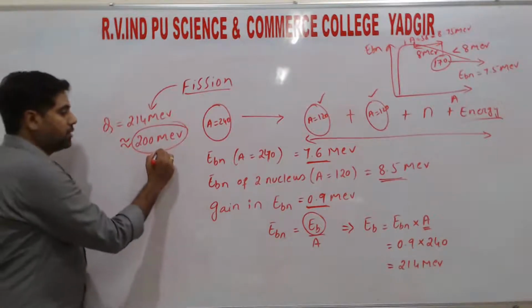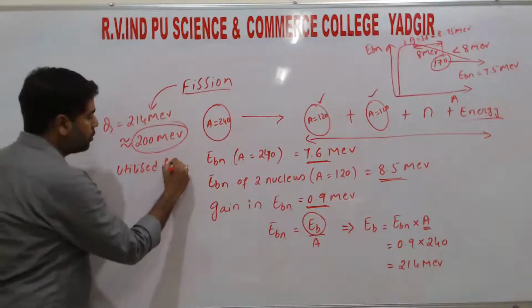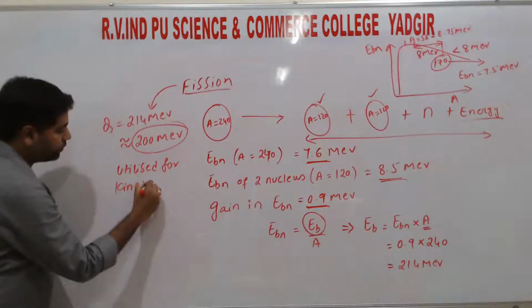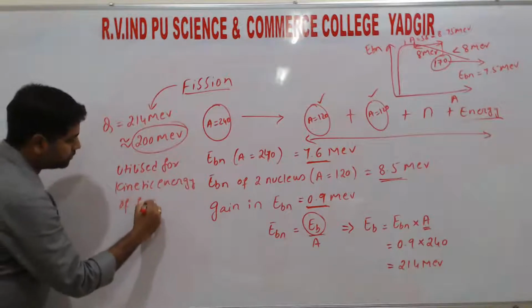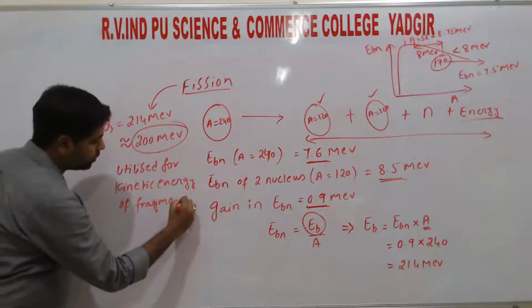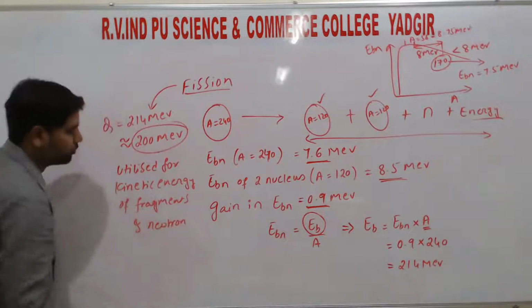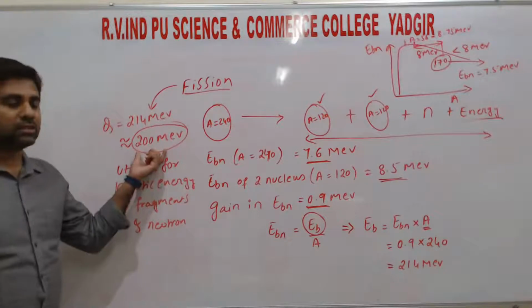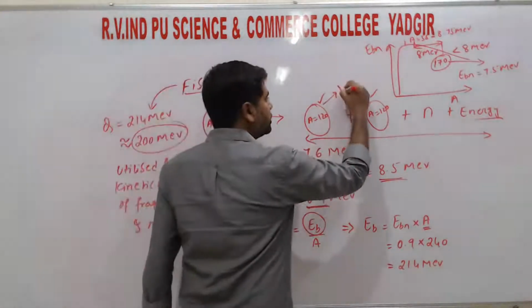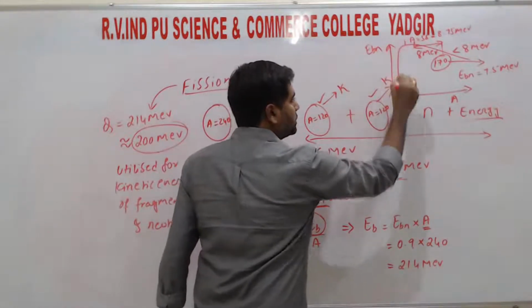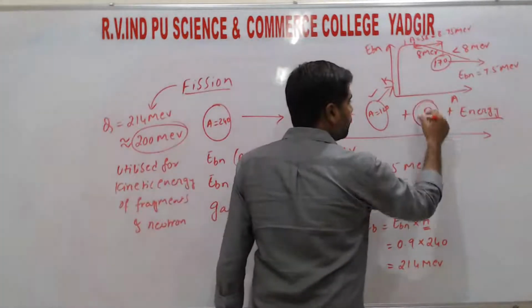This energy is utilized as the kinetic energy of the fragments and the neutron. That is, it becomes the kinetic energy of the comparable masses, along with the kinetic energy of the neutron.